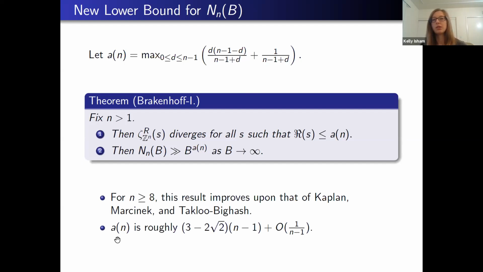And this function, if we could maximize over all real numbers d rather than all integers, we get exactly (3 minus 2 square root of 2) times (n minus 1), so roughly 0.17n, and then plus something that's no bigger than 1 over n minus 1.